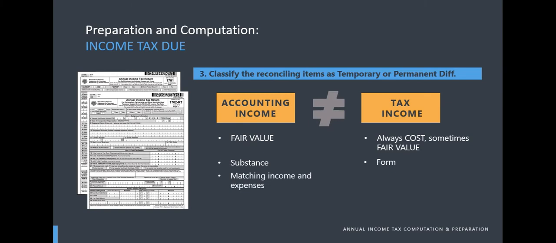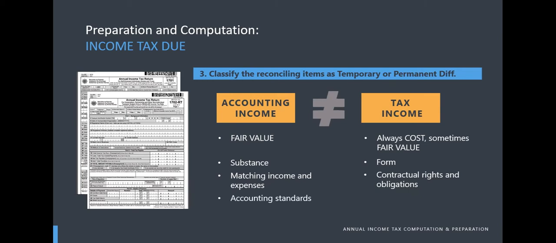So in accounting income, there is a matching of income and expenses. Although in tax income, there is also a matching of income and expenses. The tax income is more inclined to the contractual rights and obligations of the involved taxpayer.